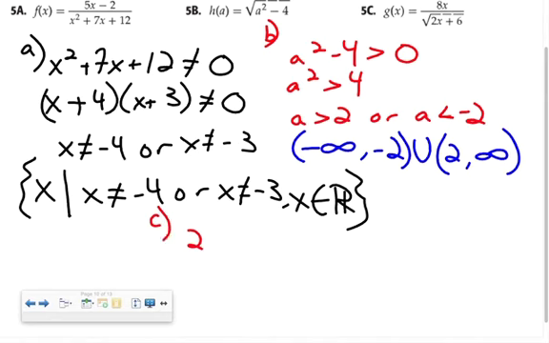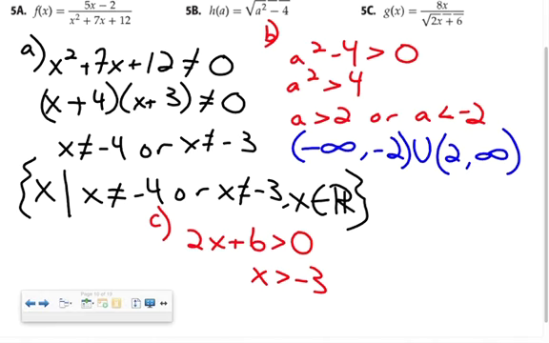So the math that I need to do is ensure that 2x plus 6 is greater than 0. And I subtract 6 from both sides, divide both sides by 2, and as long as x is greater than -3, I'm in good shape. I'm not dividing by 0, and I'm not trying to take the square root of a negative number.